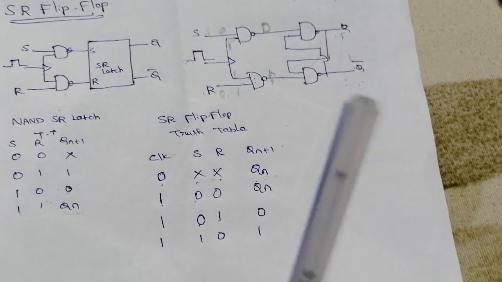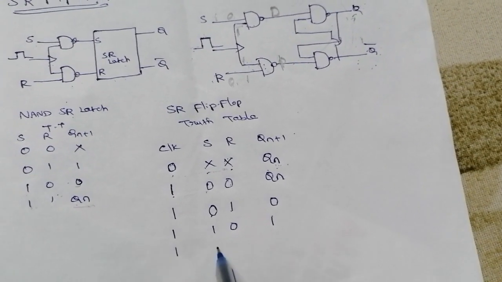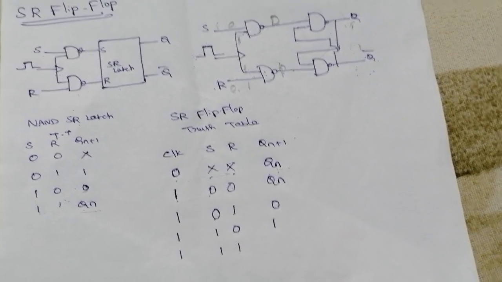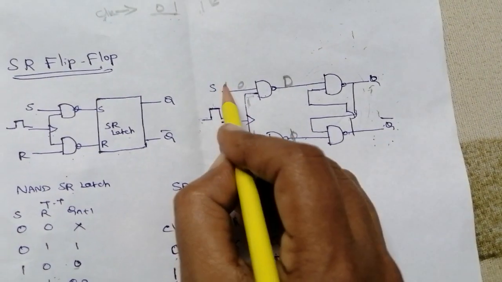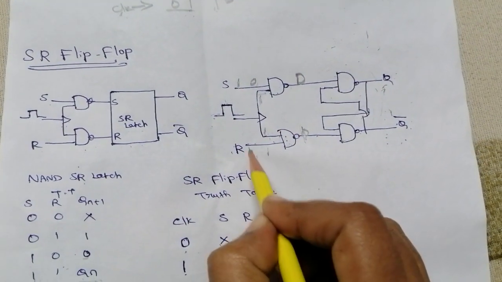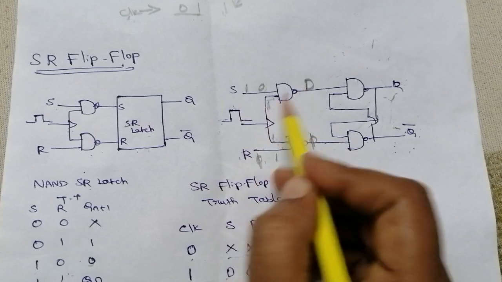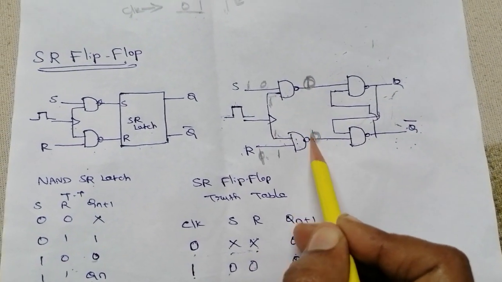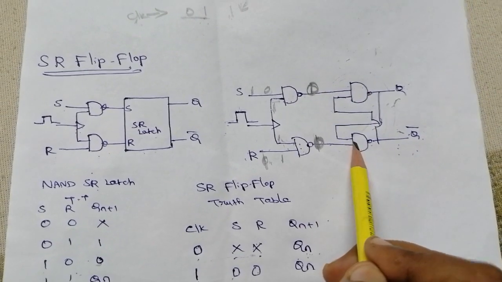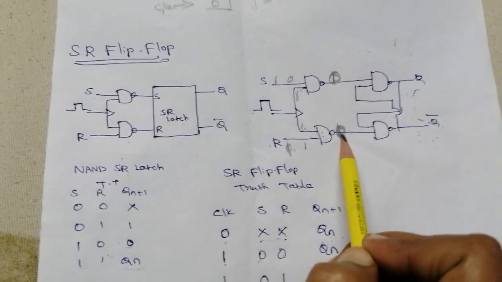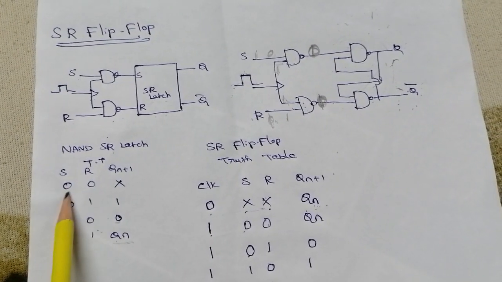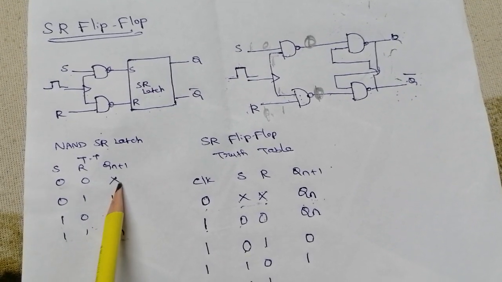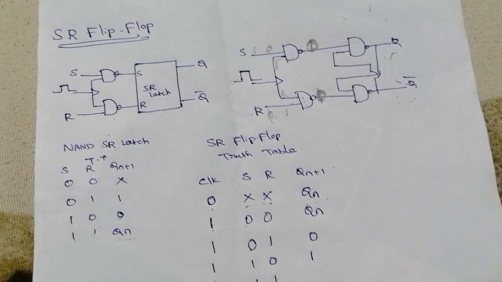Then the last possibility is the clock signal is high and both inputs are 1 1, right? If S is equal to 1 and R also 1, the 1 1 combination provides 0 at both gates. So the SR NAND latch inputs are both 0 0, which provides a forbidden or invalid next state.